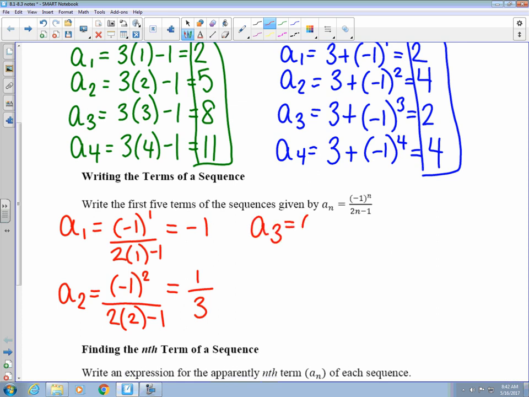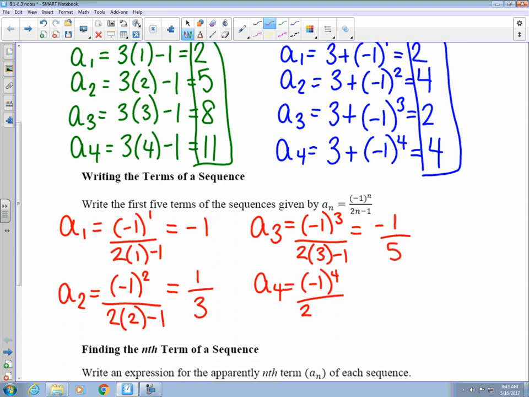a sub 3 is negative 1 to the third over 2 times 3 minus 1, or negative 1 over 5. a sub 4 is negative 1 to the fourth over 2 times 4 minus 1. If you're seeing the pattern already, the signs are alternating, so it's a positive 1, and the bottom of the fraction is now a 7.